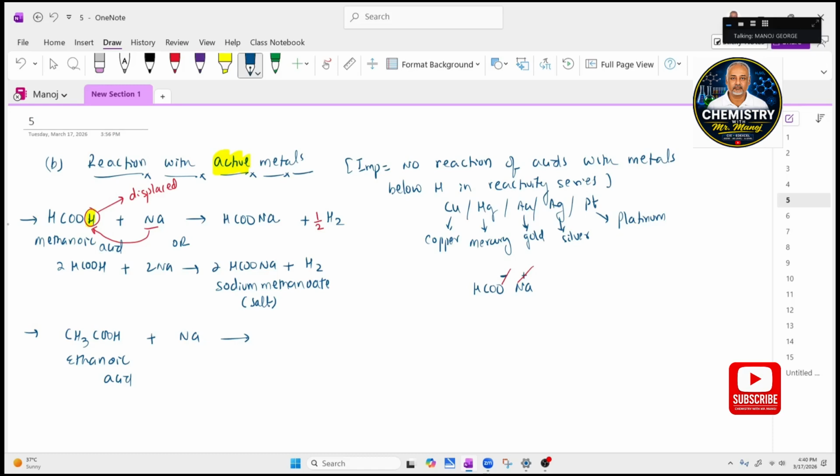Type done if you think you're okay with the answer. Once again, don't forget, when you write this equation, you can write with the fractions or without the fraction. If you want to remove the fraction, just multiply by 2. Type done if you have this equation in your head.